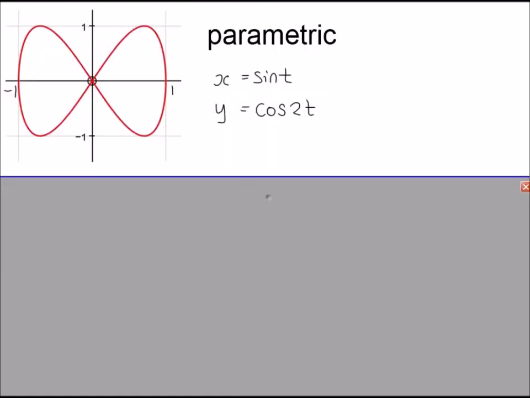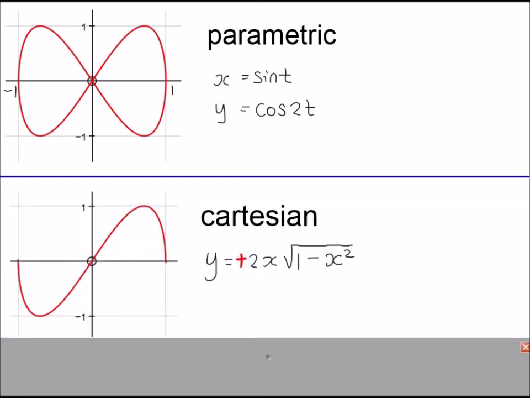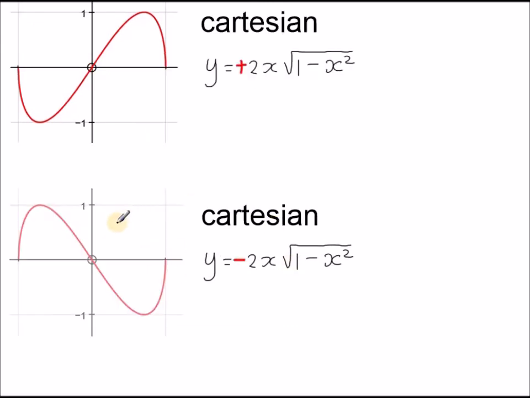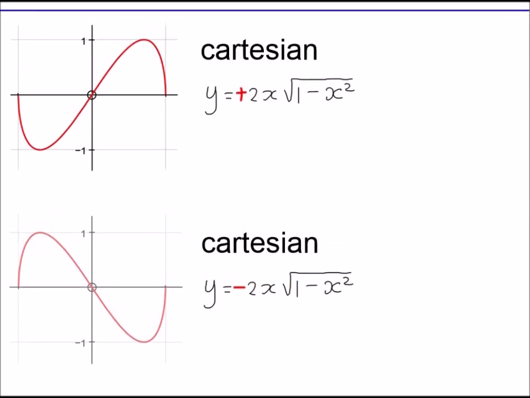Now these are the parametric equations with their graph, and the graph of y equals 2x root 1 minus x squared looks like this, and they're not the same. There's some similarity there. You've got half the graph, half is missing. And the graph of y equals minus 2x root 1 minus x squared, that's the other half of the graph. And now I'm going to superimpose these.